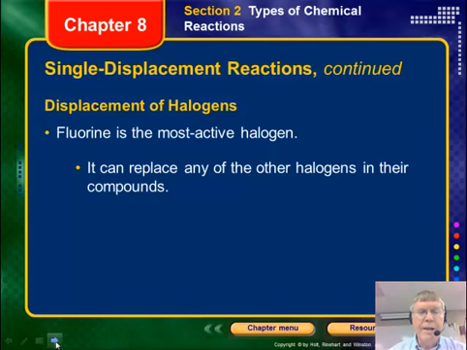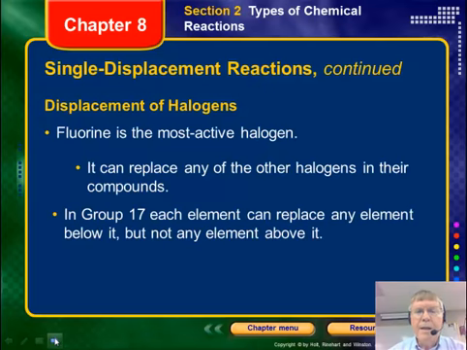So in any reaction, if you see fluorine plus some metal halide, the fluorine will definitely replace that other one. In group 17, each element can replace the ones below it, but not any of the ones above it. So chlorine will not replace fluorine, but fluorine will replace chlorine, because chlorine is below fluorine.